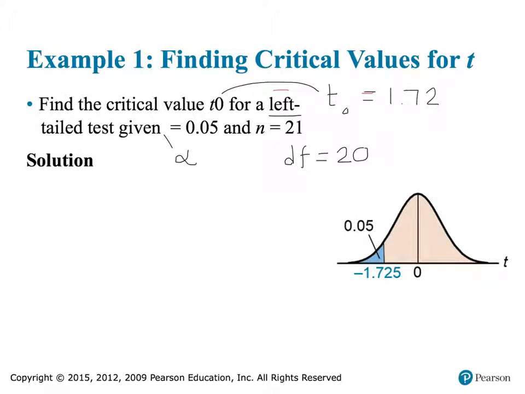But because we're doing a left-tailed test, that means that our sample average will be below the mean, then our critical value will be negative, as pictured in that drawing, okay? So in the null, we would have said that mu equals something, and that's at the center of our t distribution. If our sample average ends up in that tail there that's shaded in blue, out beyond a critical value of negative 1.725, then we will reject the null hypothesis.